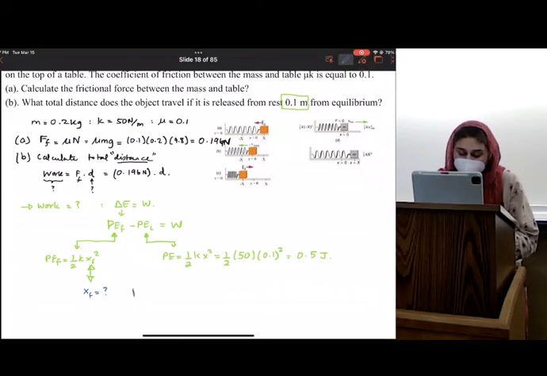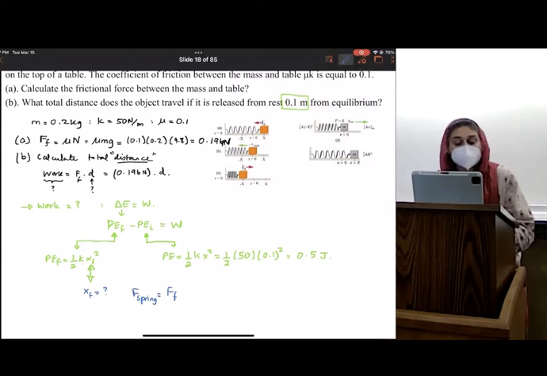So I have to use another formula that we've been using before, which is the spring force equals the frictional force. And what was the spring force? kx.